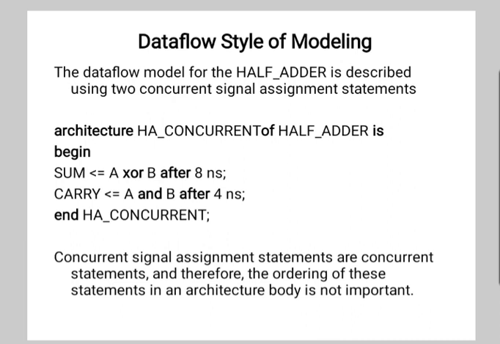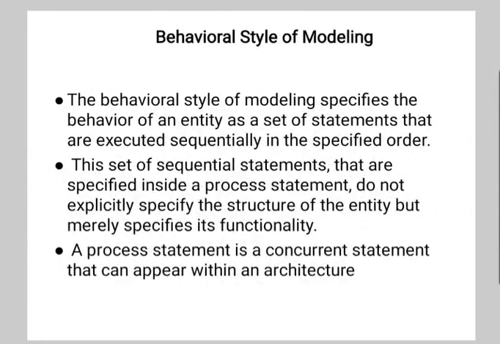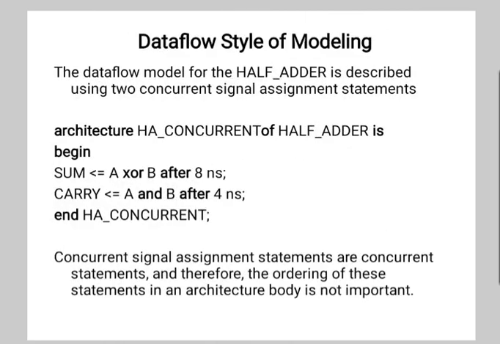The flow of data through the entity is expressed using concurrent signal assignment statements. When any input signal changes its value, each statement gets executed. The data flow modeling style needs a Boolean equation as the design specification.